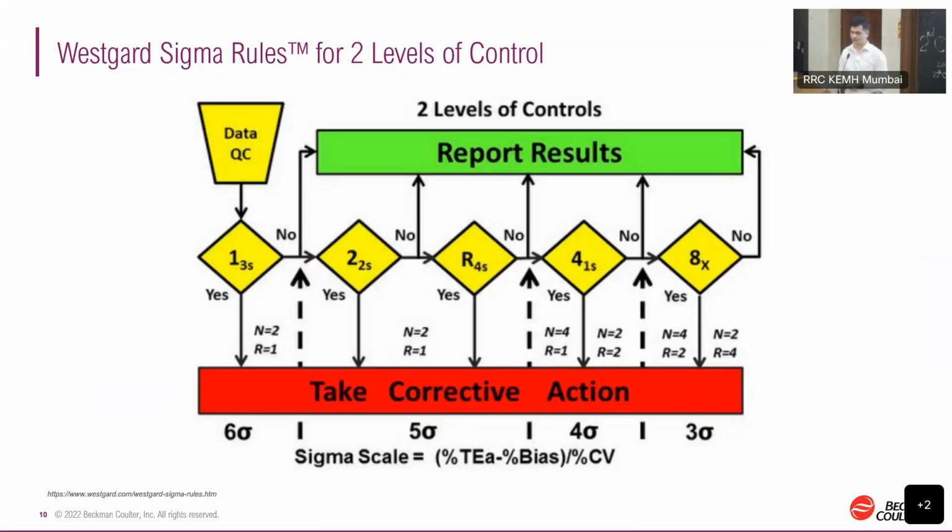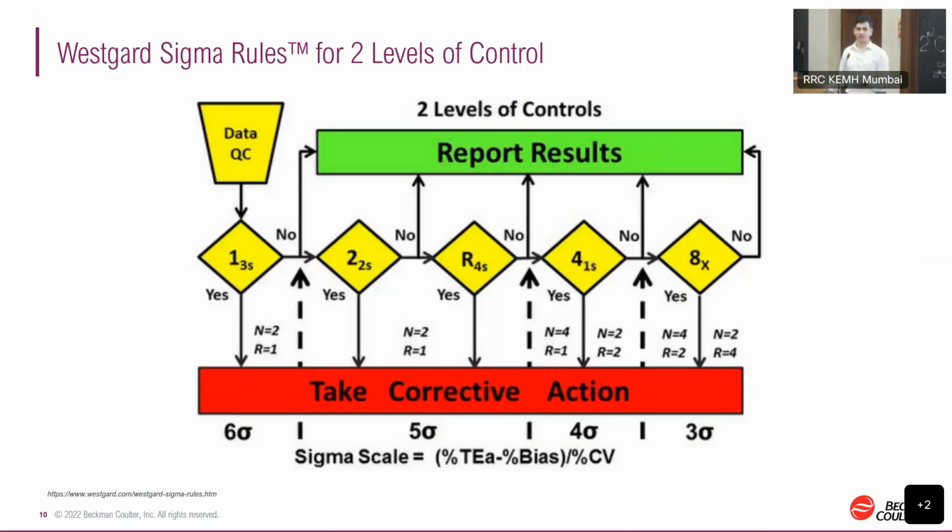So that means if your assay is performing at 6 sigma, you may consider only one rule, that is 1-3S. I hope you understand what 3S means. If you exceed 3S, then only you have to take action.